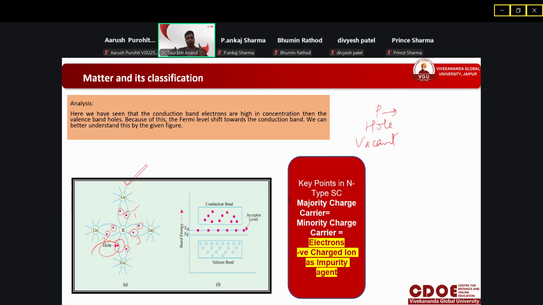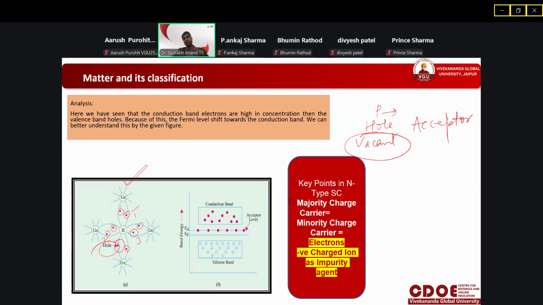So you can offer if you have the vacant seat, otherwise you cannot. So this vacant space will be occupied by something. It means you are accepting one electron to fill that vacant space. That is why it is known as an acceptor ion.